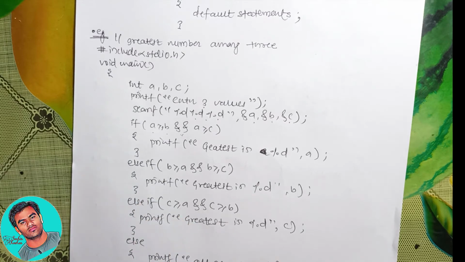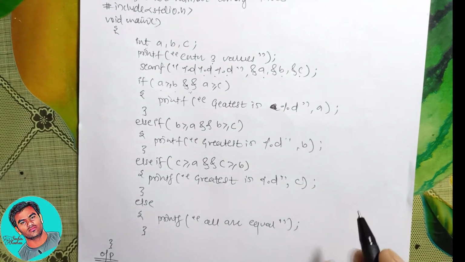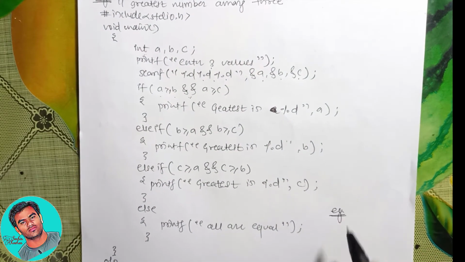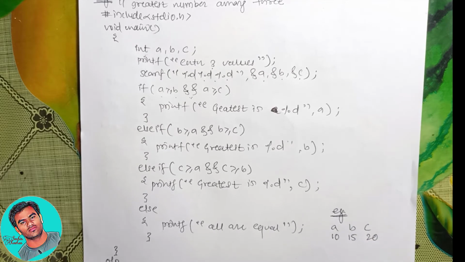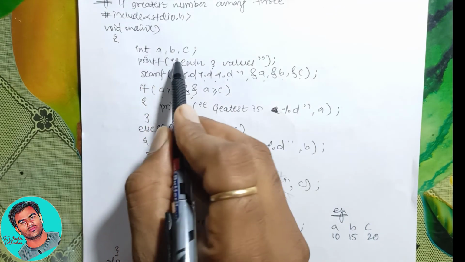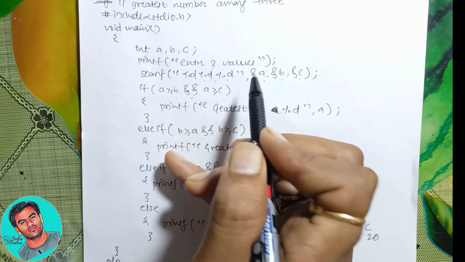So here we are going to consider the values of a, b and c as 10, 15 and 20. Now we enter a, b, c: we have entered the values 10, 15 and 20.